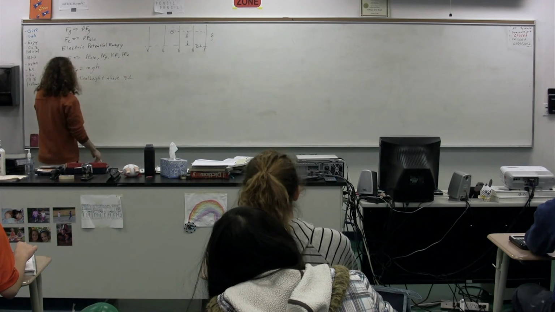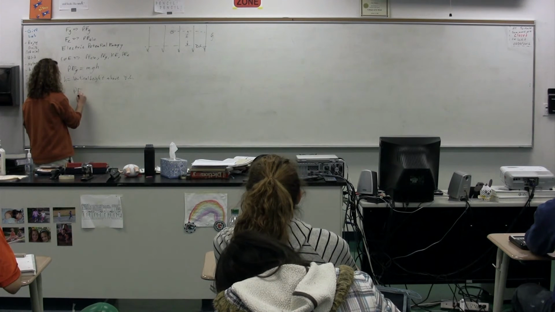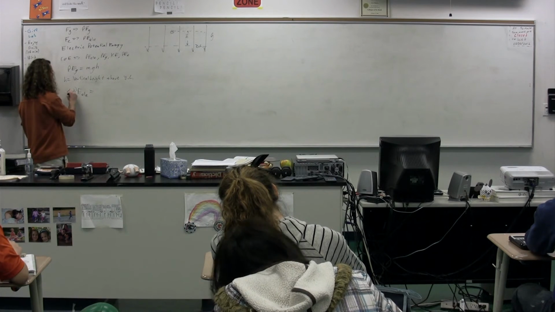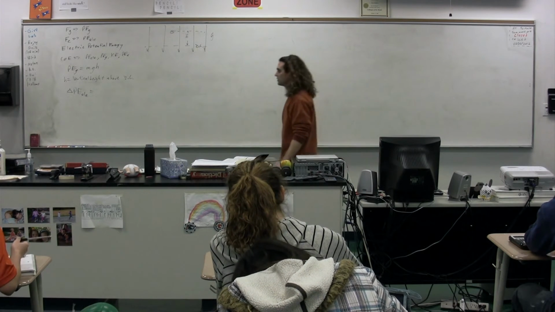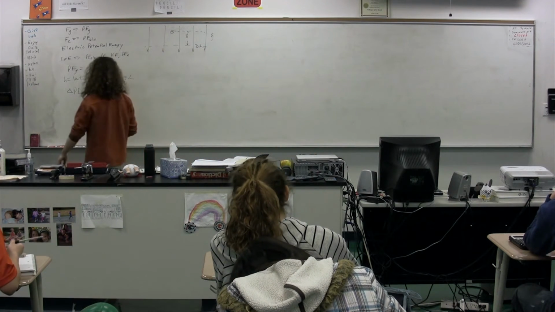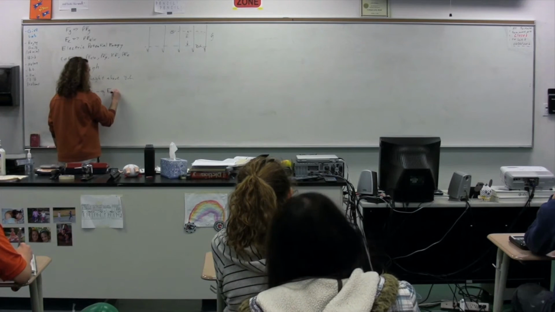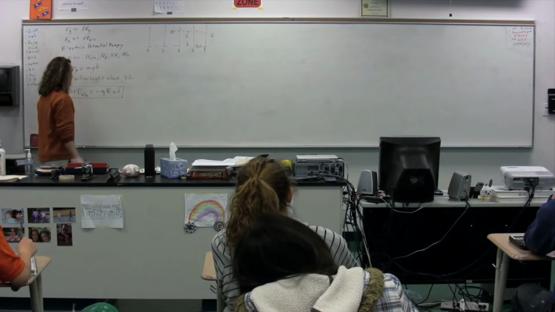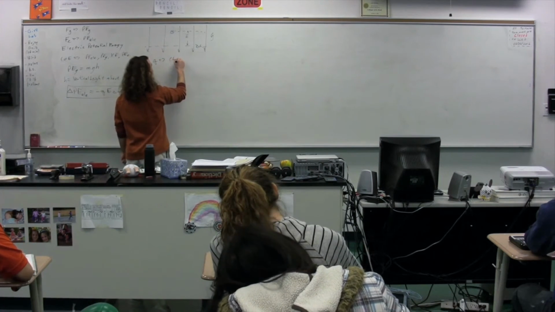The equation for electric potential energy, PE sub ELE. Now notice this equation is actually the change in electric potential energy. We don't have an equation yet for just the electric potential energy, but the change in electric potential energy is equal to negative Q E delta D, where Q is the charge we're talking about.